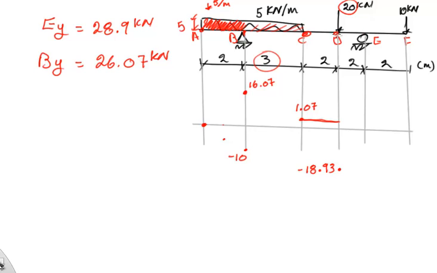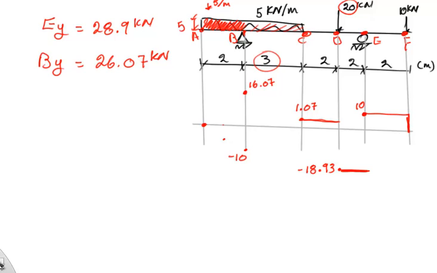Then between D and E, there are no forces, so I'll go in a straight line. Then the reaction EY, which is 28.9, will push me upward, and it will get me to 10. Between E and F, there are no forces, so I'll go straight. Then the 10 will push me down, closing the diagram.